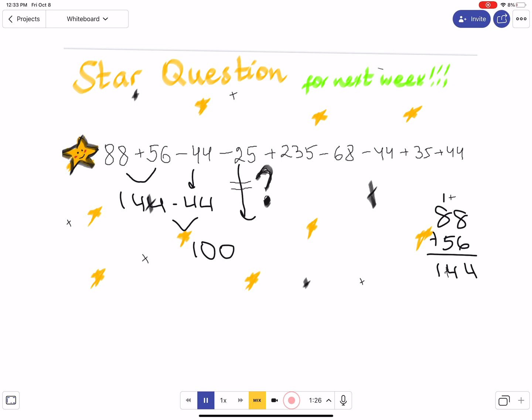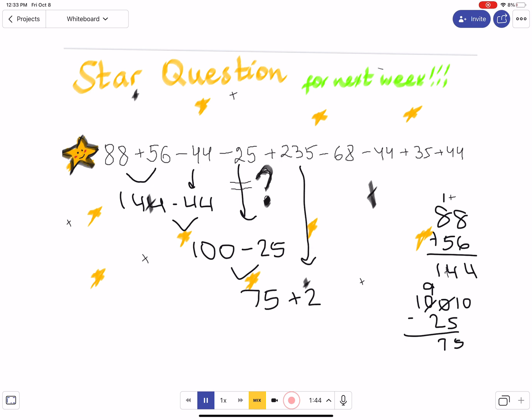Now we're going to move this. 100 minus 25, we can do it off here to the side. That is 75. And then we're going to add 235.